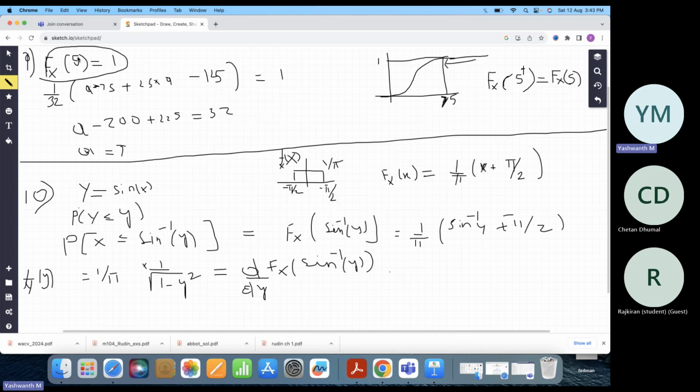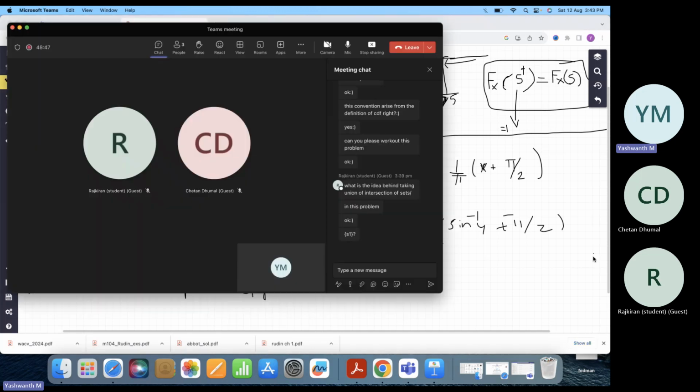The reason I have written Fx of 5 is 1 is because of this. In your question, this is given to be 1, not this. So that's it. You substitute, you get A is equal to 7. Any questions on that?